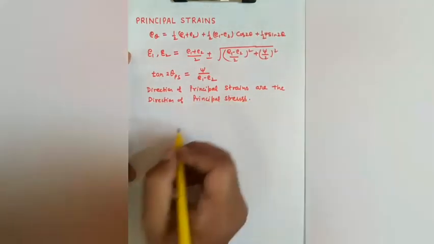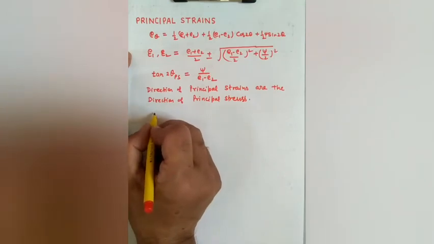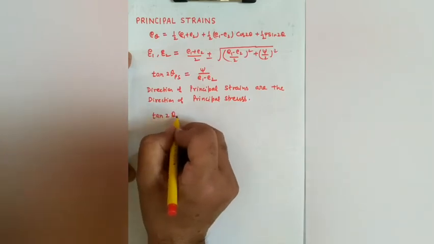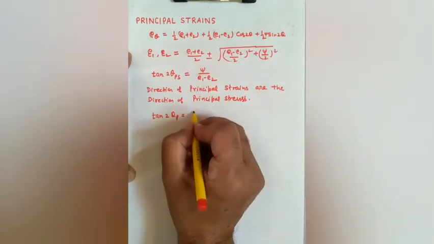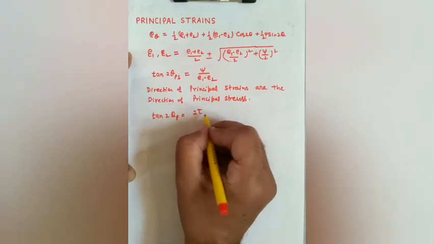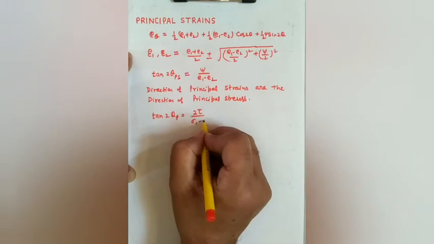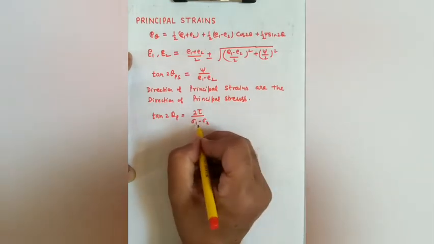The angle of principal stresses is such that tan 2 theta p is equal to 2 tau by (sigma 1 minus sigma 2).